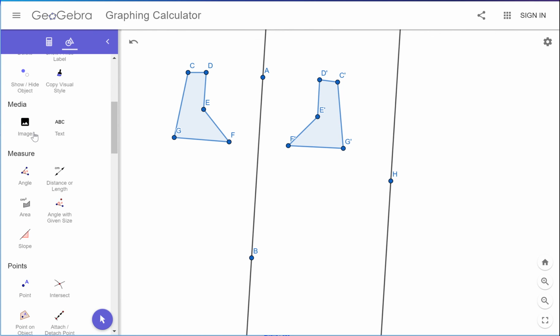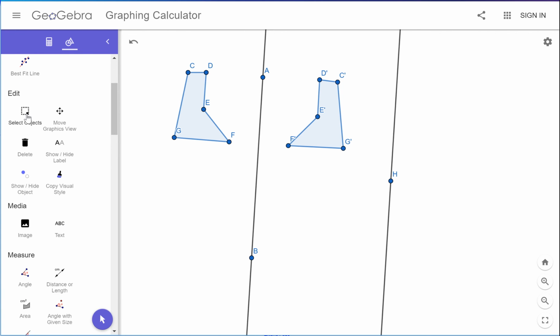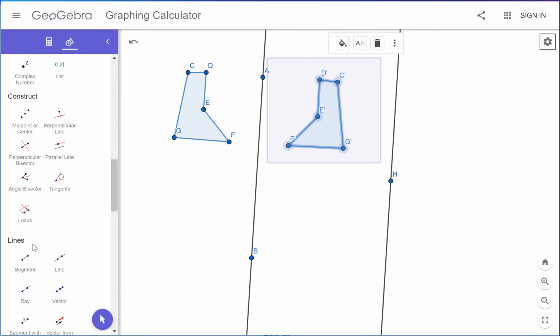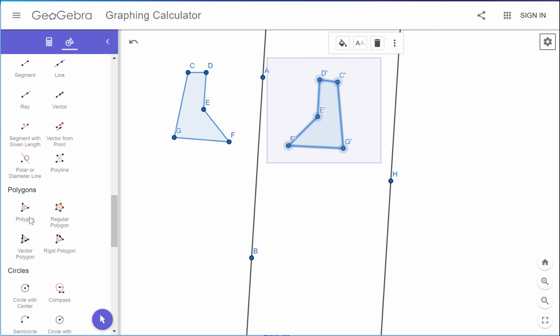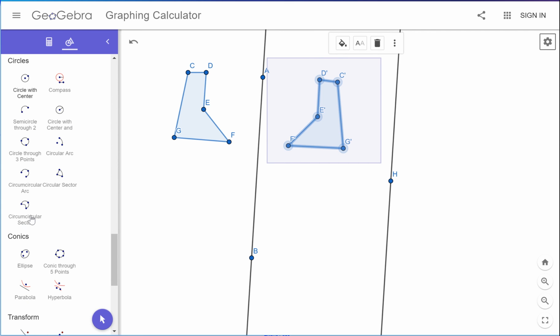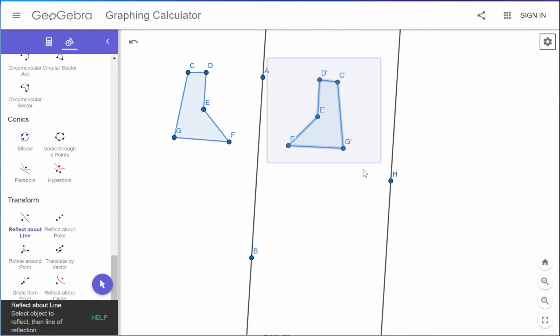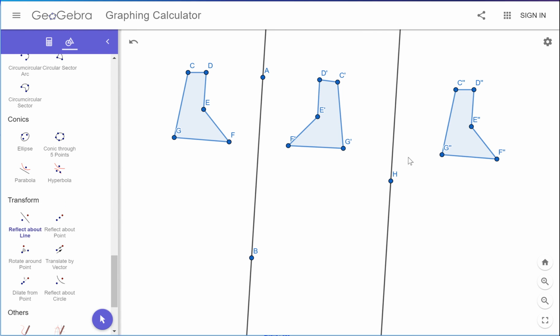Now what I'm going to do is I'm going to grab our first image, and I'm going to reflect that over that second line. Now, from this original image to this second image is a translation.